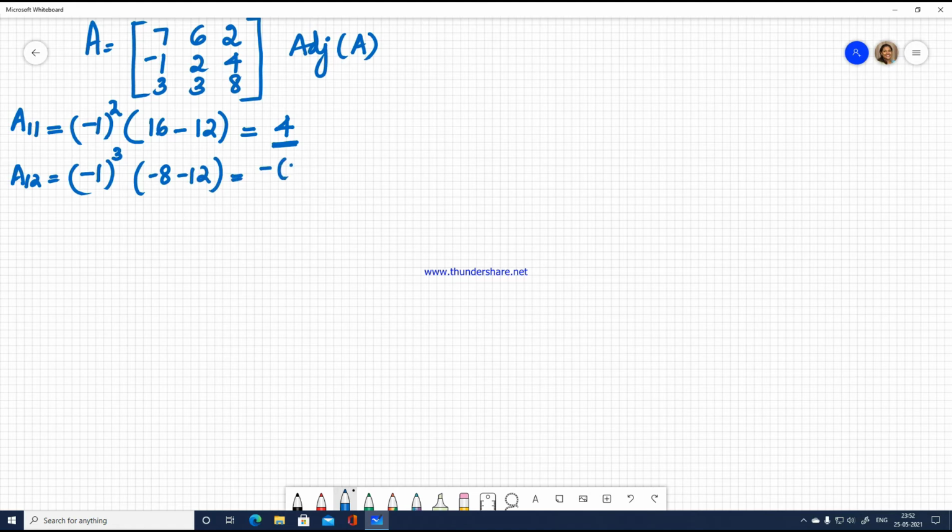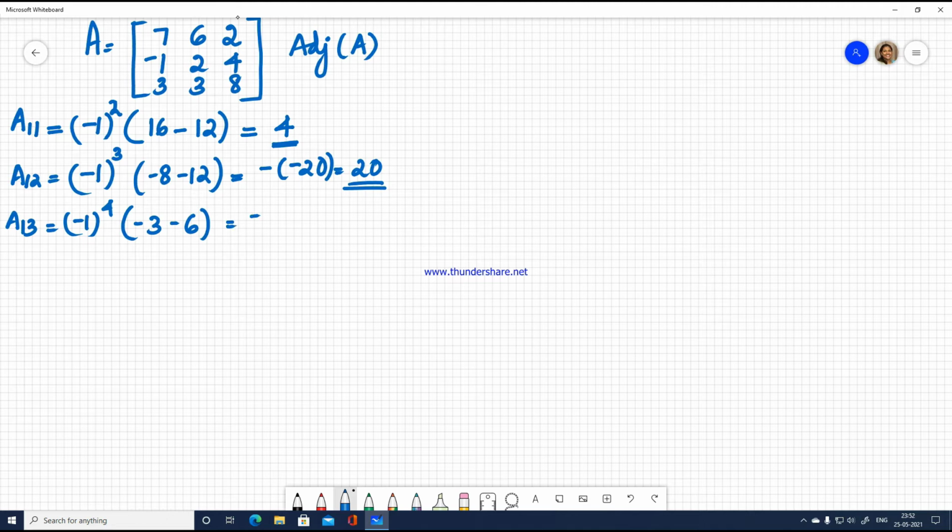Minus of -20 will be equal to +20. Now A13 is equal to (-1) raised to 4. You cover the row and column containing that element, and you get -3 -6.